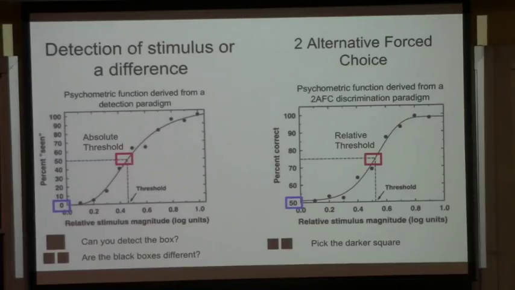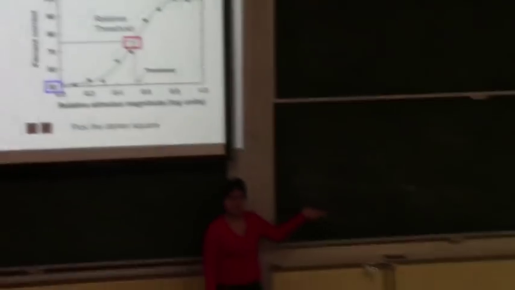So detection of a difference is when I ask, are these two boxes different? And you can say no, they're not different. Hence, you start with a 0. But in the two alternative force choice, I tell you, pick the lighter one. Although they might not look different to you, you'll be wrong 50% of the time. So you're guessing.